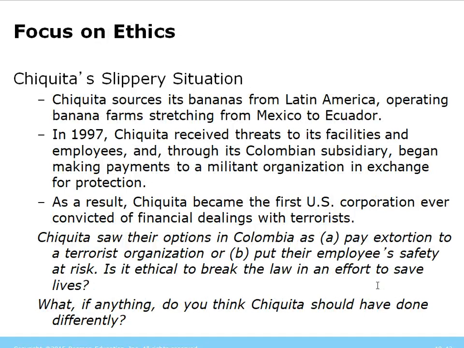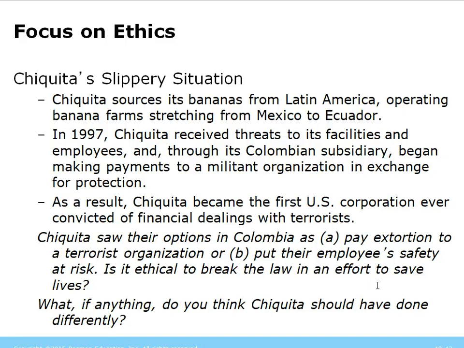So when we look at ethics, Chiquita Banana from Latin America operated banana farms from Mexico to Ecuador. They received a lot of threats to facilities in Colombia from military organizations, and Chiquita became the first U.S. corporation ever convicted of financial dealings with terrorists, as they sought to pay extortion or ransom to keep their employees and their banana plantations safe.